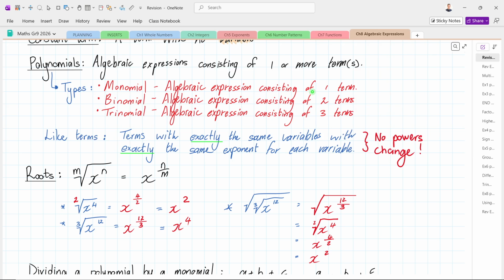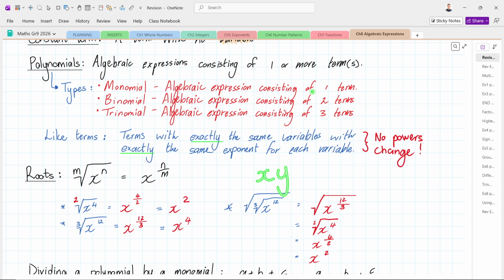When it comes to simplifying algebraic expressions, like terms is going to be the thing you need to keep in mind. Like terms are terms that have exactly the same variables with exactly the same exponent for each of those variables.